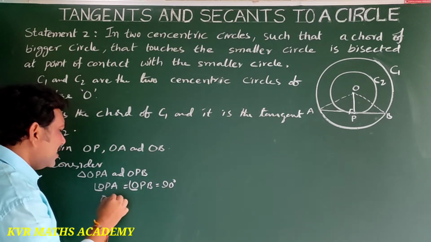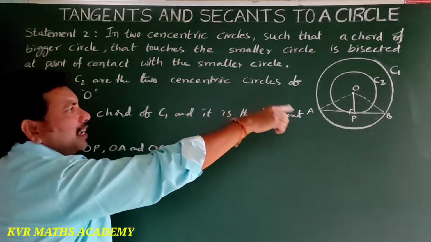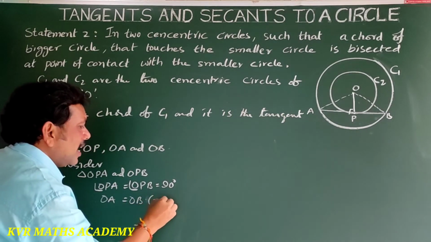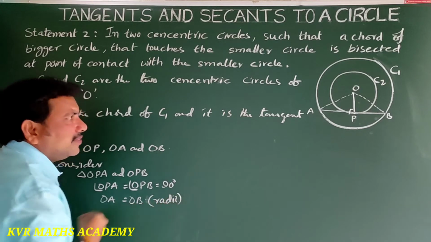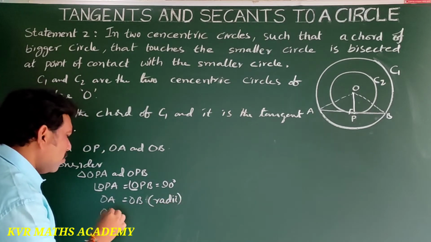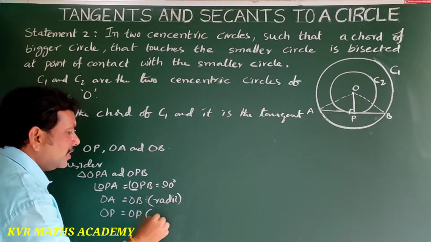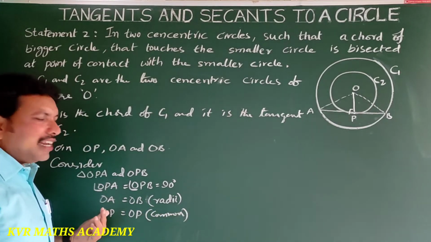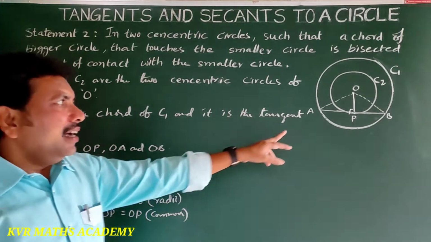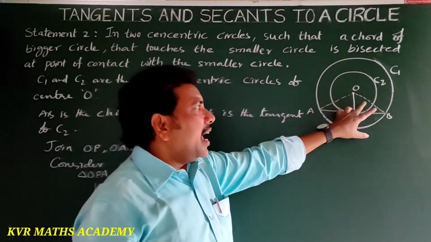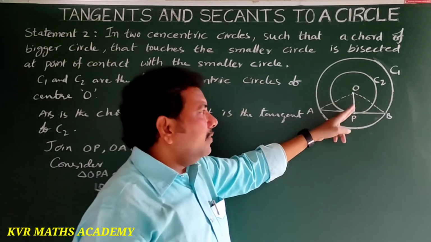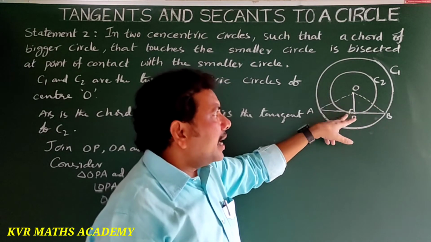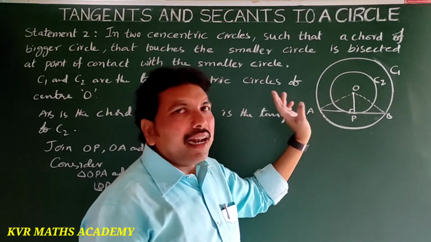Next, OA is equal to OB. These are radii, isn't it? Next, OP is equal to OP, common. So in these two triangles, OP is a common side, OA and OB sides are also equal, and the angles are 90 degrees.